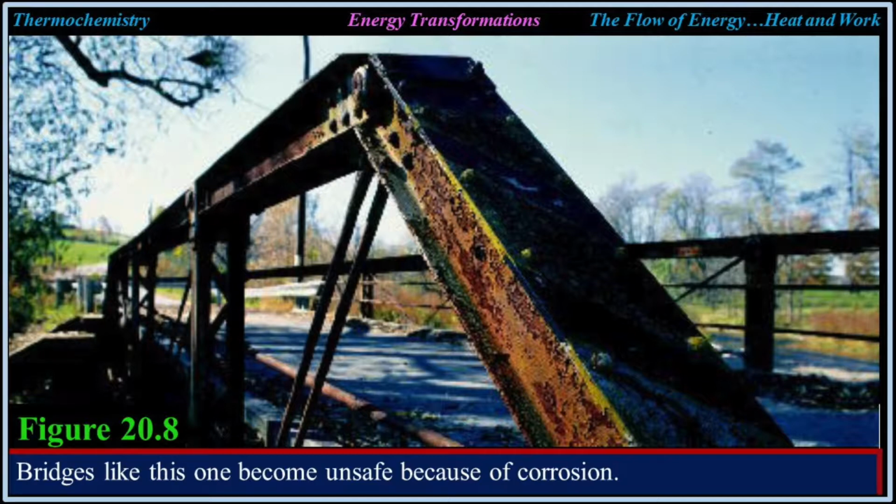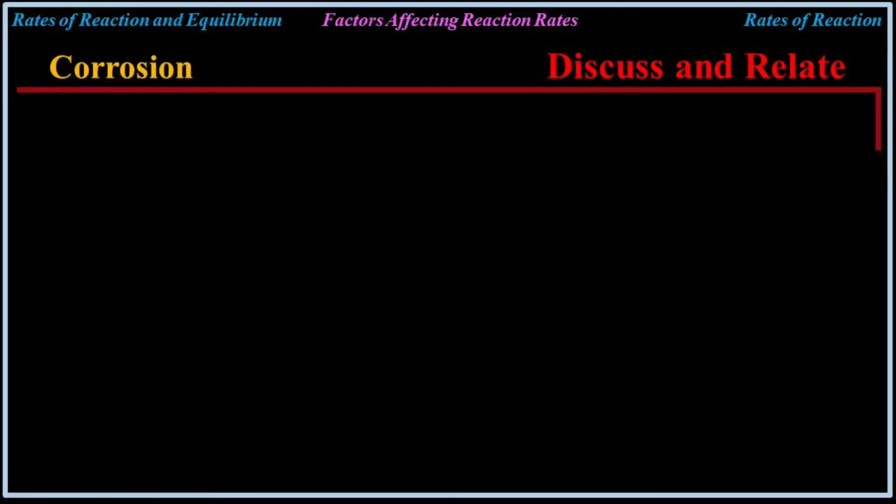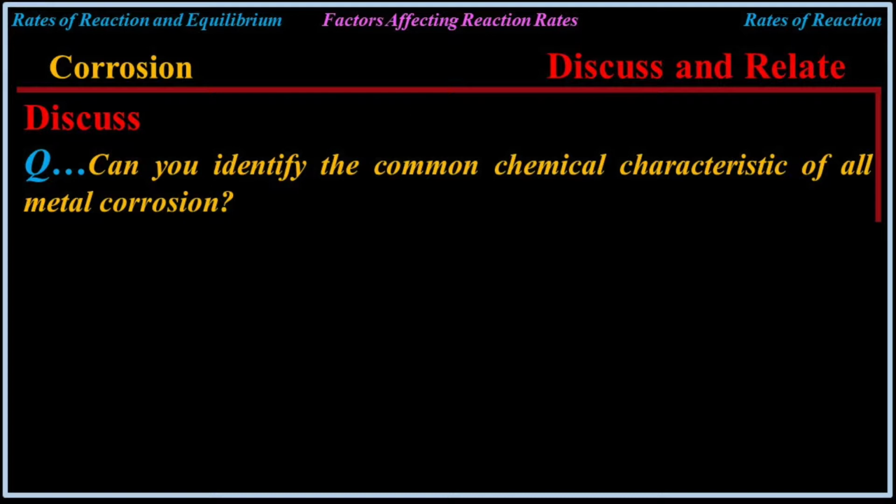Here's figure 20.8. Bridges like this one become unsafe because of corrosion. They literally fall apart. Discuss and relate. Can you identify the common chemical characteristic of all metal corrosion?